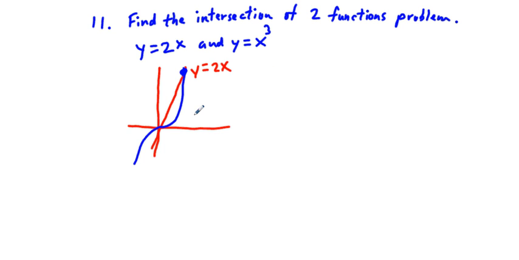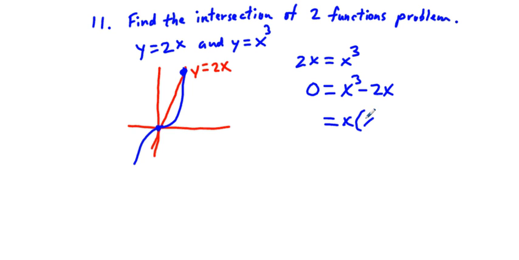And there's going to be some intersection point someplace here. And to find what that is, now there's going to be an intersection at 0, but we're looking for this intersection up here. We're going to set 2x equal to x cubed. And to do this, we can solve by factoring. And for that, we'd have to subtract 2x from both sides of the equation. So we have 0 equals x cubed minus 2x. Factor out an x, so we have x times x squared minus 2.